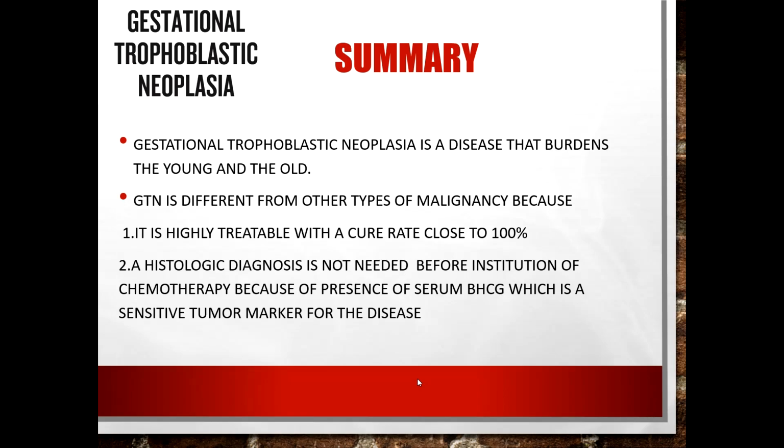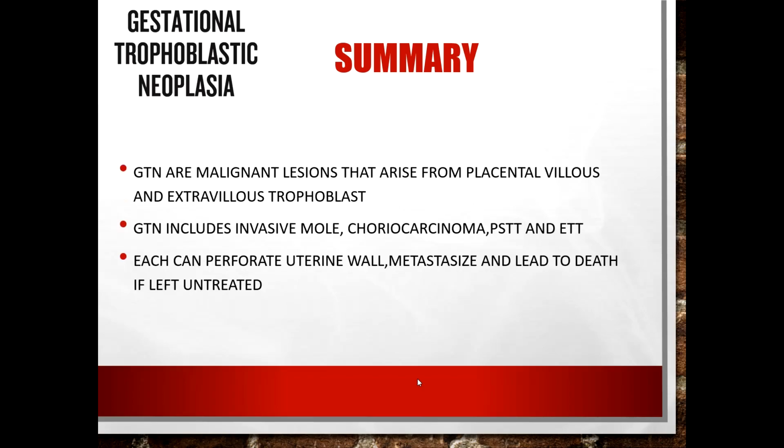In summary, gestational trophoblastic neoplasia is a disease that burdens the young and the old. It is different from other types of malignancy because it is highly curable, with a cure rate close to 100%. A histologic diagnosis is not needed before institution of chemotherapy because of the presence of serum beta-HCG, which is a very sensitive tumor marker for the disease.